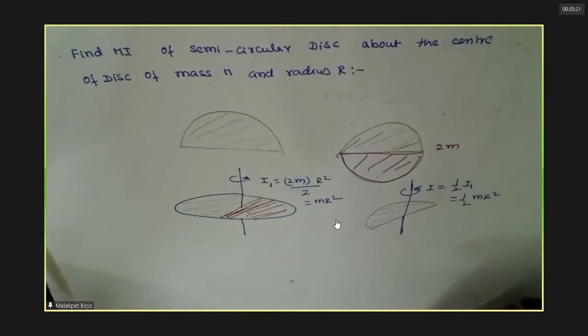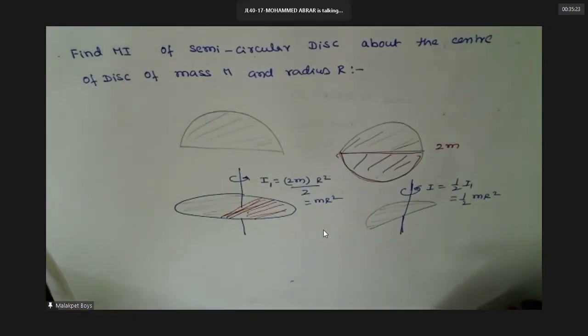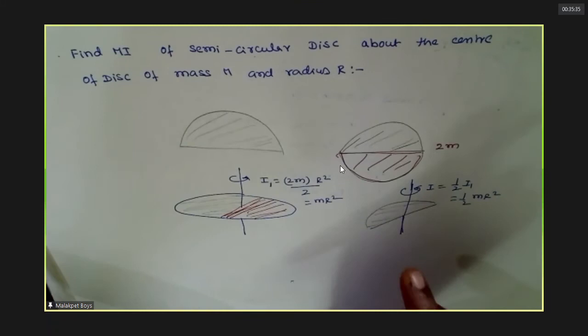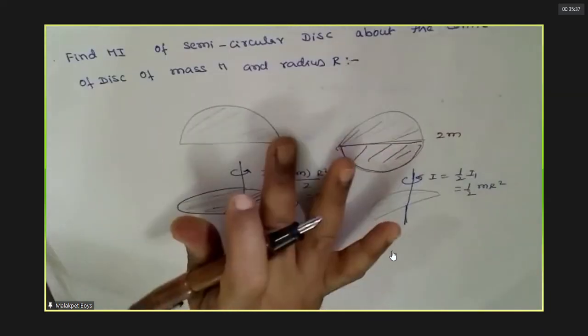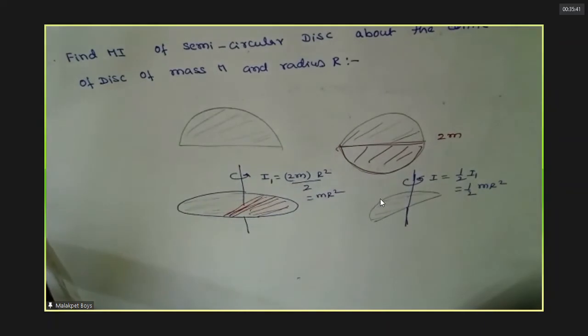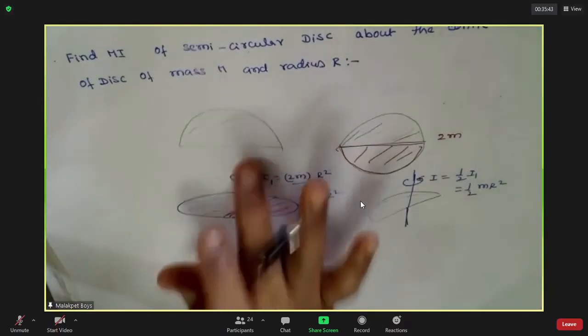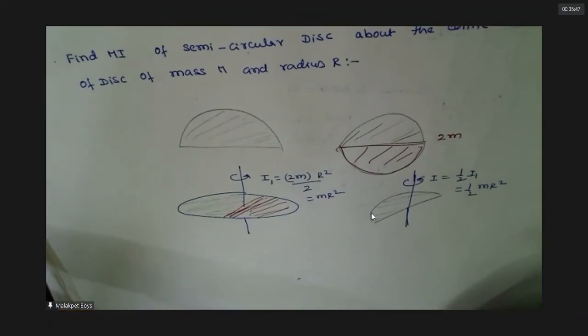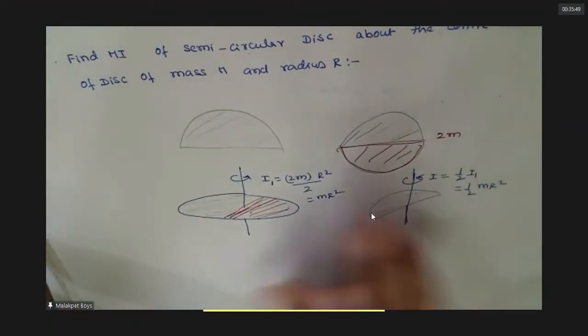Usually what happens now, this part of the disk should be an integral multiple of this, half, one fourth, sorry, it should be a part of this. You can express this as half of that, one fourth, like that. Then it will be the same as the whole disk.